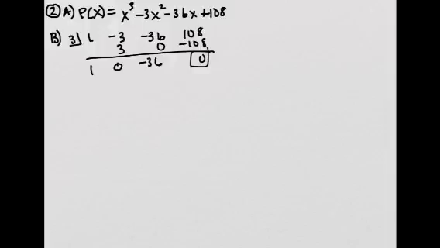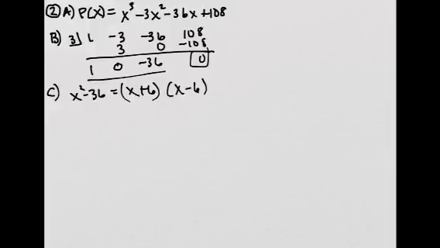And it says find the remaining factors for C. Well, this one right here is x squared minus 36, and this is x plus 6 times x minus 6. Okay? And then for D, they want you to write p of x in factored form.